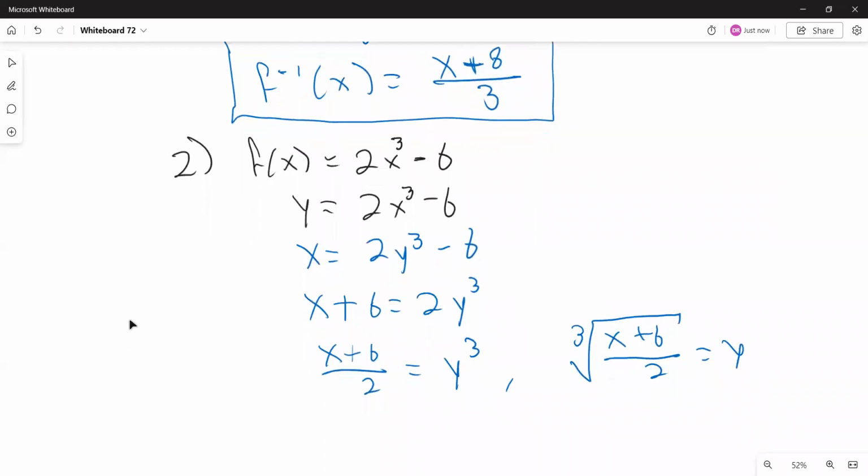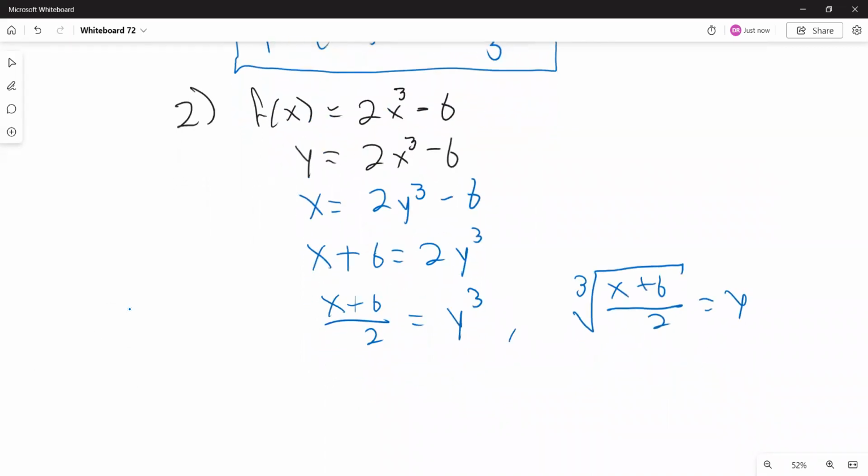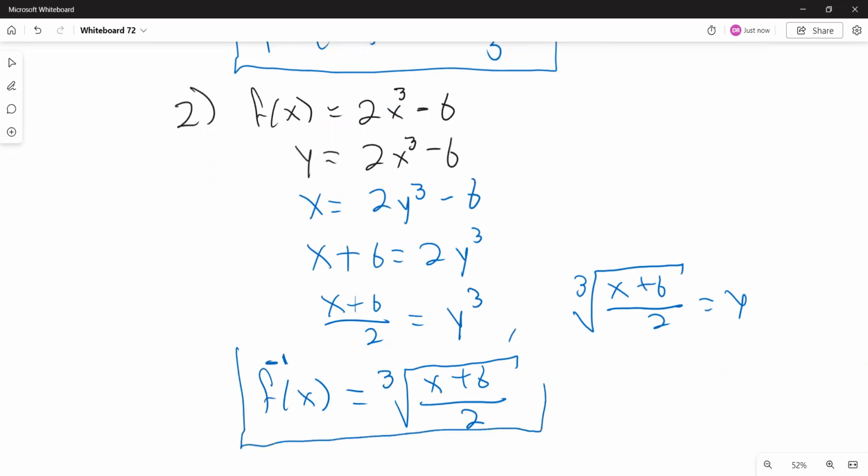So if f of x is 2x cubed minus 6, f inverse of x is the cube root of x plus 6 over 2. Okay, so we found the inverse of 2x cubed minus 6.